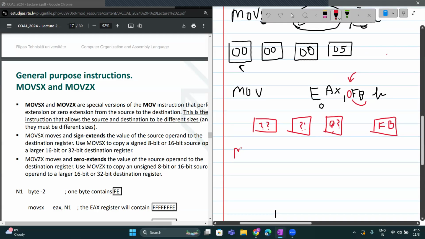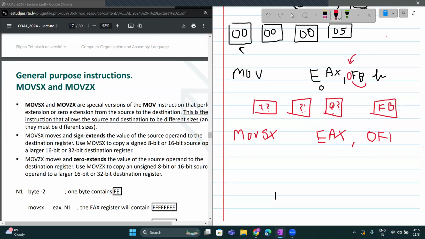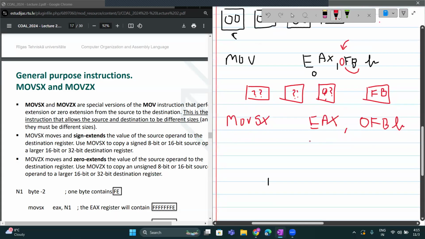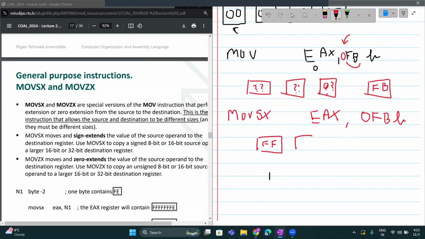But if we do move sign extend to EAX, 0FB, which is basically -5 in hexadecimal, sign extend means that it will extend the sign. So it will extend the F values, which represent that it is negative: FF, FB.